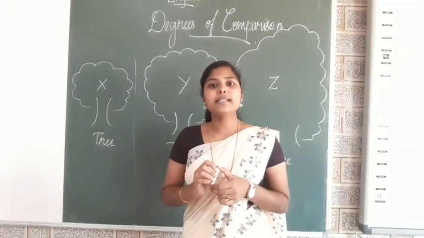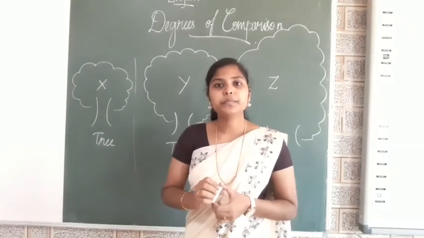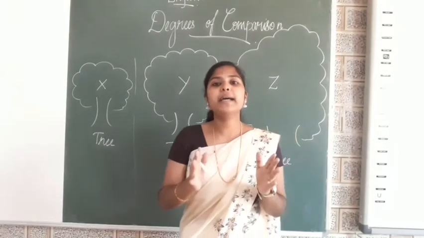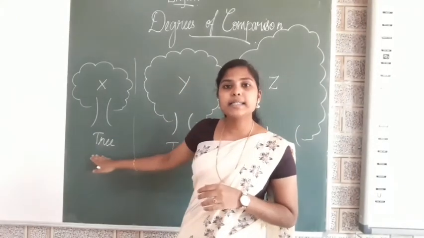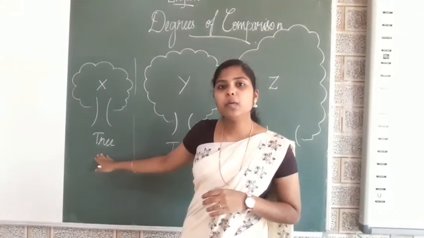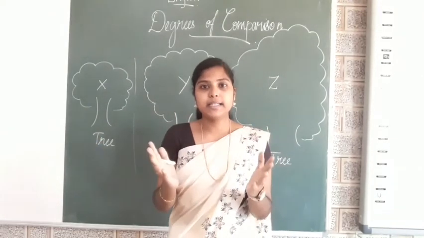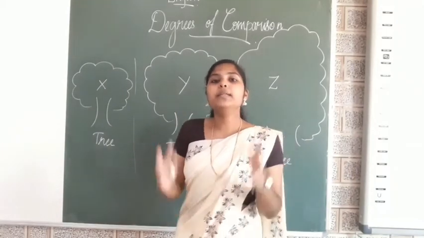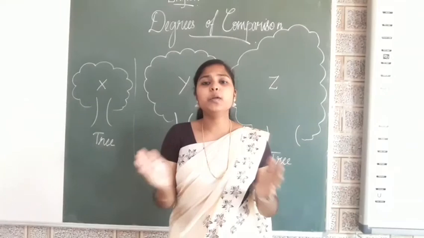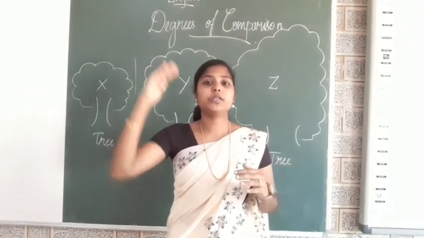This is a large tree. Large is the adjective. How? It is qualifying the noun. What is the noun here? Tree is the noun. I am adding a word large. This large is the adjective which is qualifying this noun tree. How the tree looks. Whether it looks small or big or stout or tall or short.